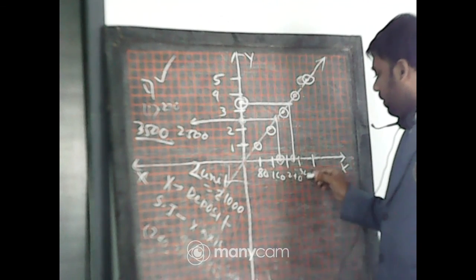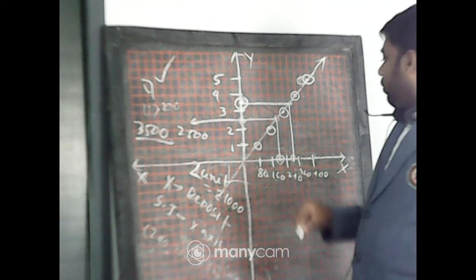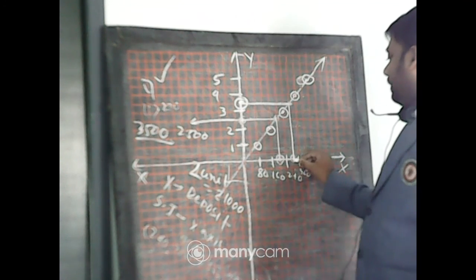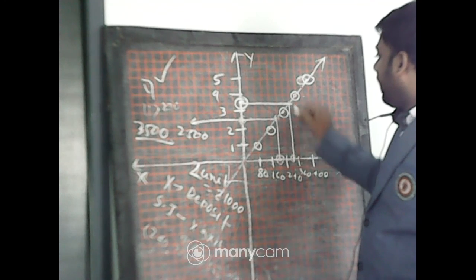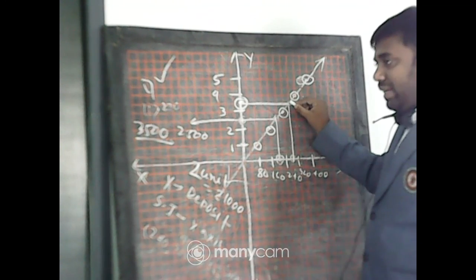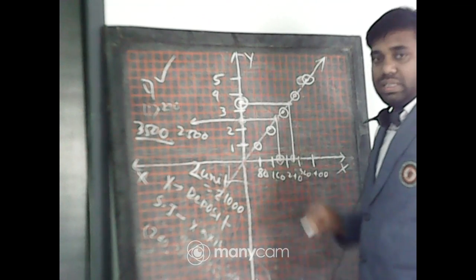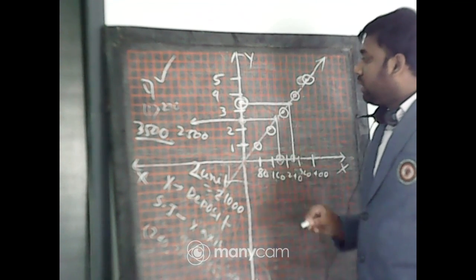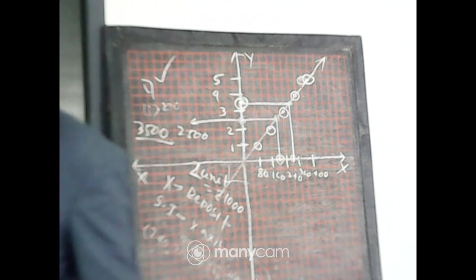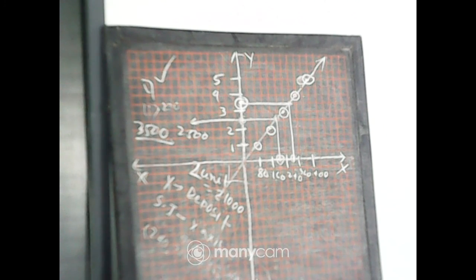And next, for 280, draw a line to the line and from the line to the y-axis, that will denote 3500.